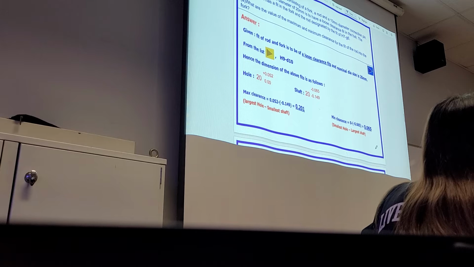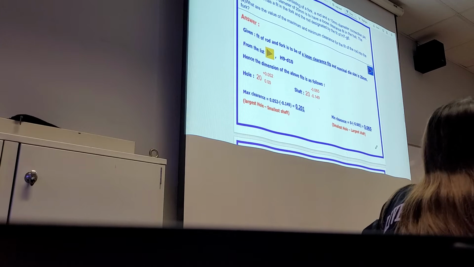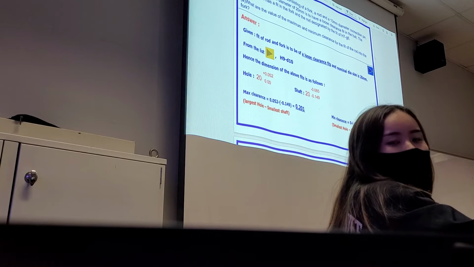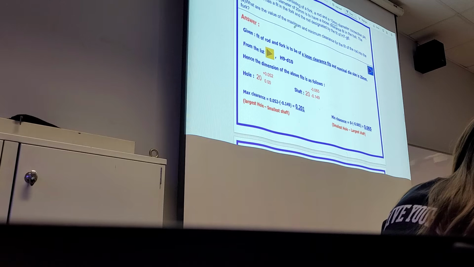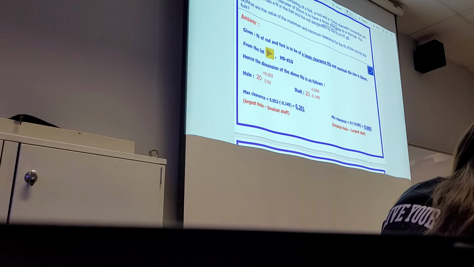11:05. No rush. And question 10, you are given a 10 mm diameter connection pin, and you are given some information here, loose clearance fitting. Based on the information given, you go to find from the table. So here, this table has a 20 mm.